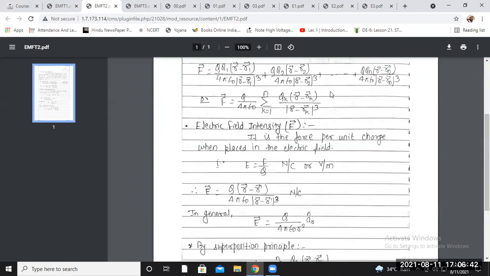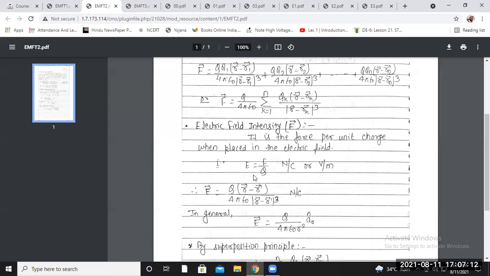In that case the formula is this one. The electric field intensity is related with this force F exerted on the multiple charges, and you can derive it from this one also. Force per unit charge can be defined as the electric field intensity. So the definition of electric field intensity is the force per unit charge when placed in the electric field.